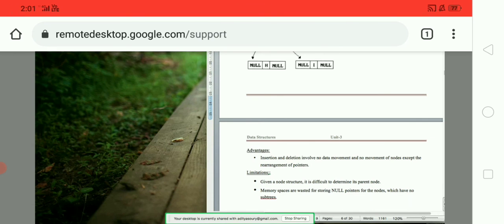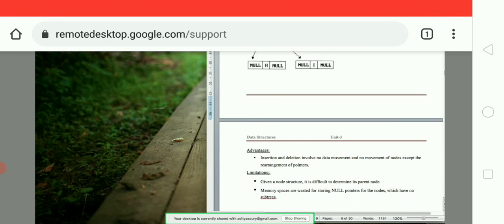Memory space is wasted for storing null pointers for the nodes which have no subtrees. We already saw in the diagram that the empty blocks are filled with null pointers, so here the memory will be wasted. If a node has subtrees, then the memory will not be wasted.